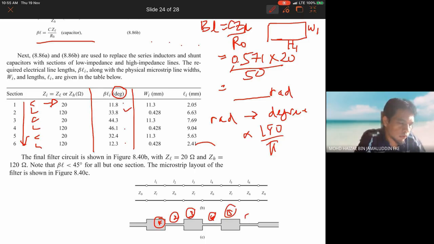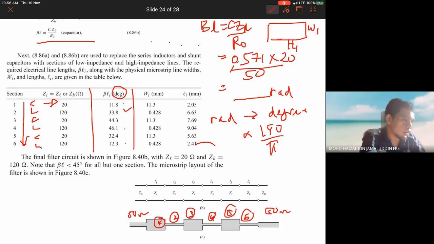And both the input and output of the filter must be connected with the terminated load, which normally we are using a 50 ohm terminator, which in this case is Z0. For each of the elements, you need to determine the width and length.